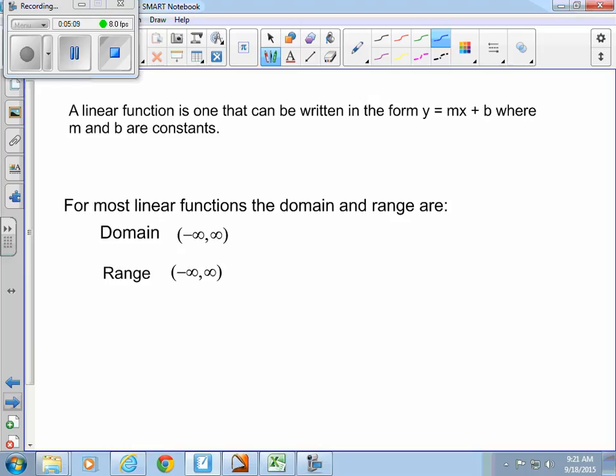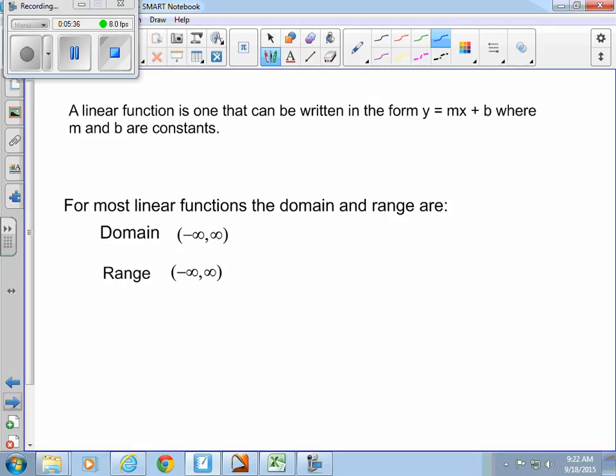So I said almost all linear functions have a domain and range of negative infinity to infinity. There's one type. A horizontal line. Why is a horizontal line's range not negative infinity? Because it's just that one point, that horizontal line. So that's almost all our negative infinity to infinity for domain and range. Horizontal line is the one exception.